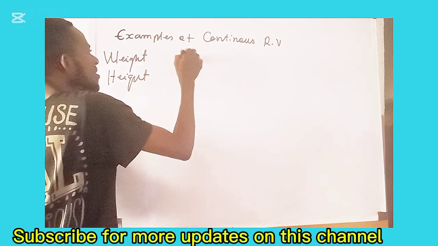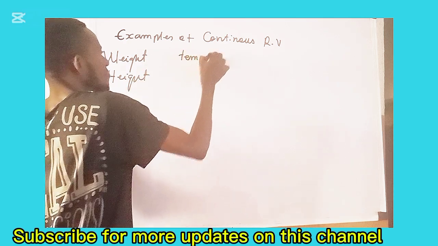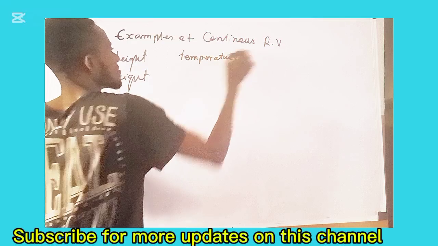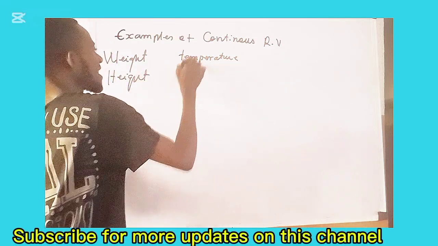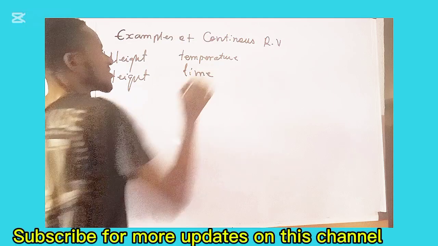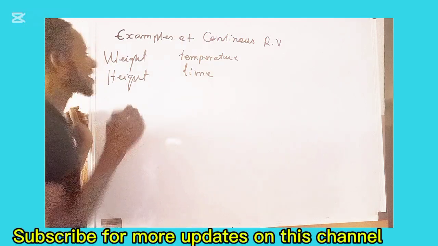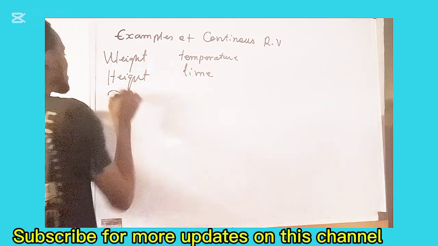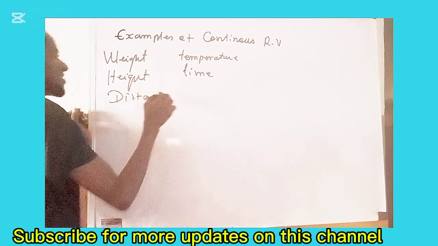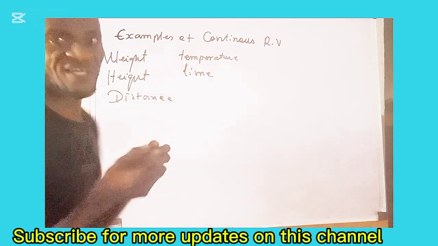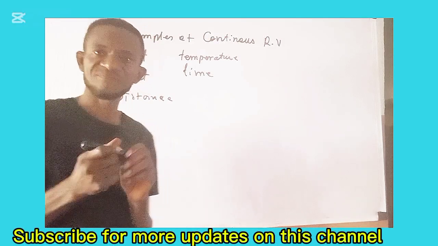Then temperature is of course an example of a continuous random variable. Time is equally an example of a continuous random variable, and even distance is an example of a continuous random variable.